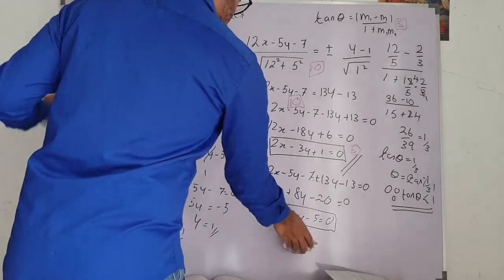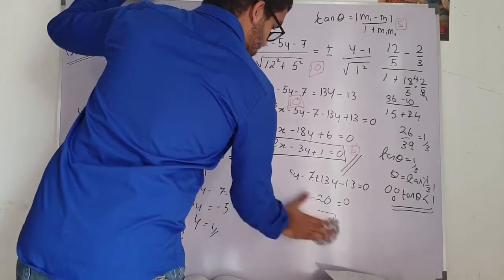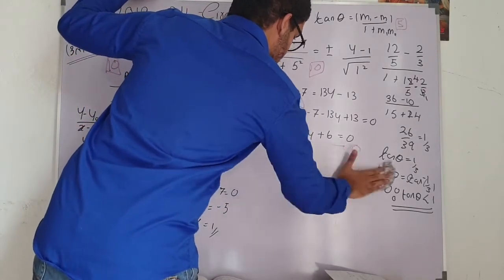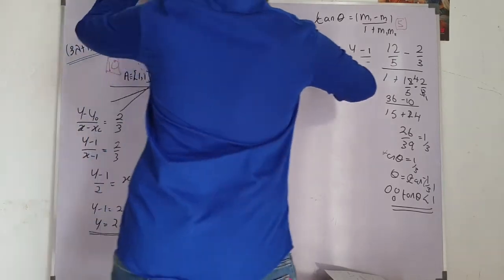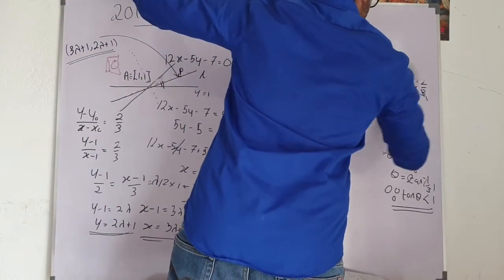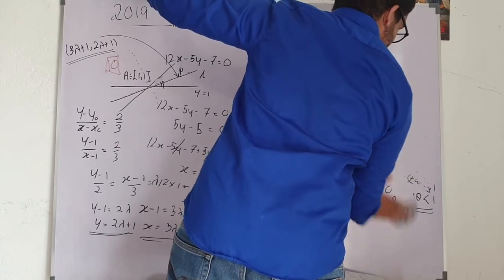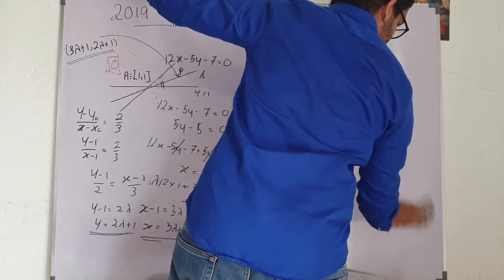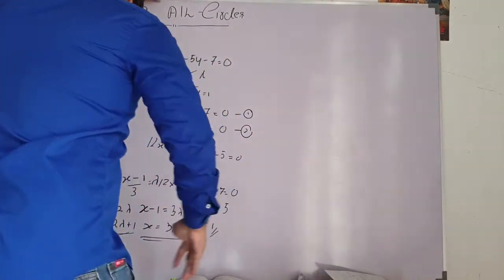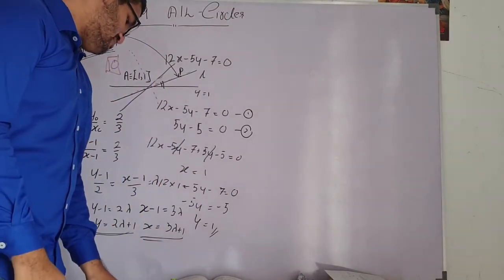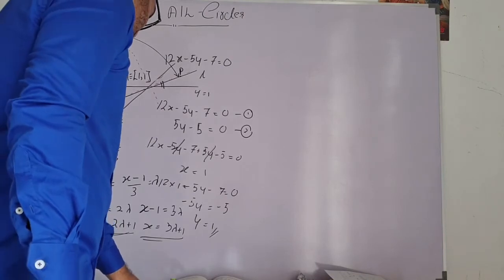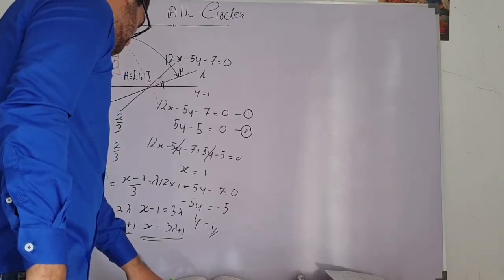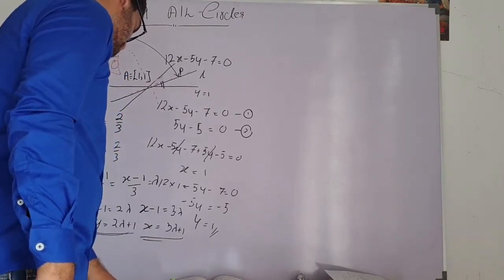So now you should consider that the coordinates of B are given. Show that the equation of the circle with the points B and P as the ends of the diameter can be written as that.